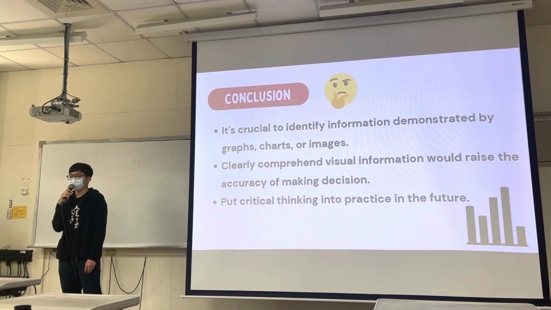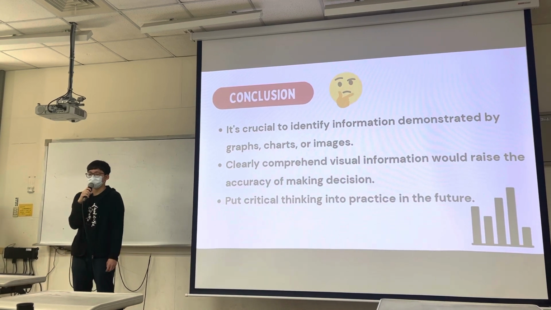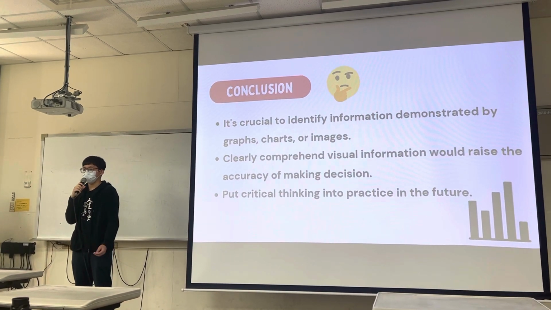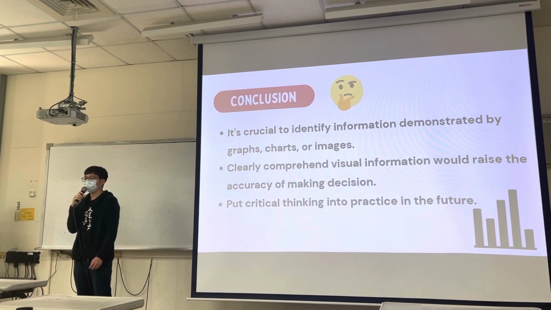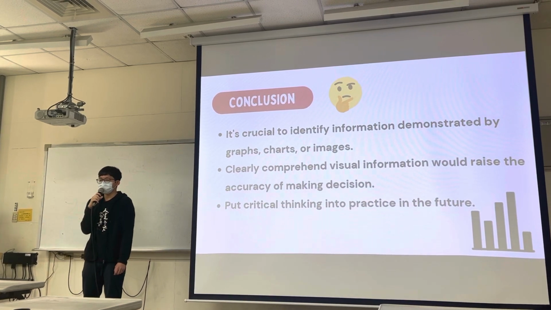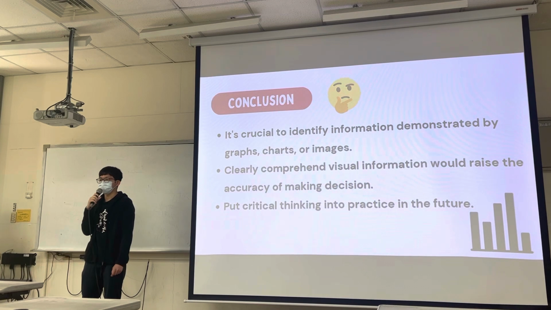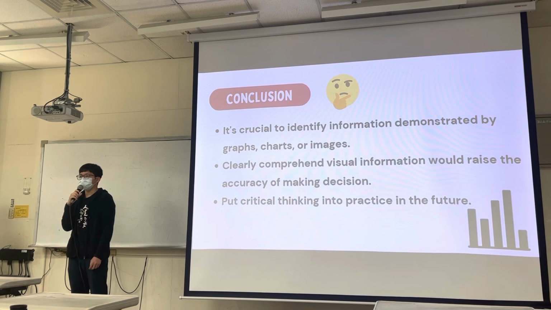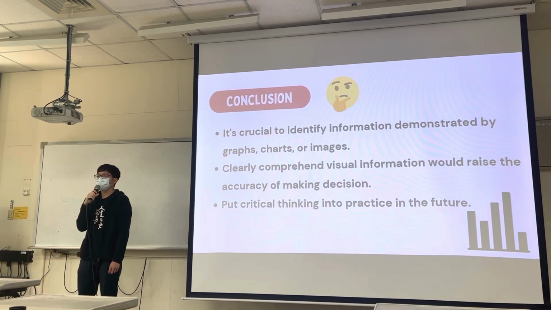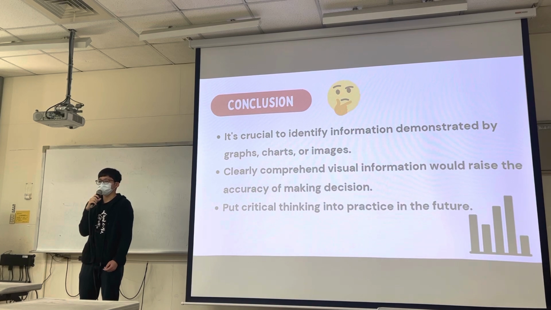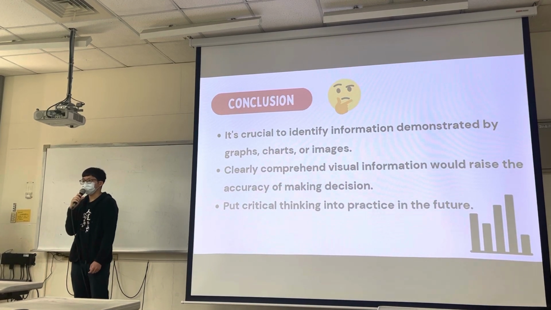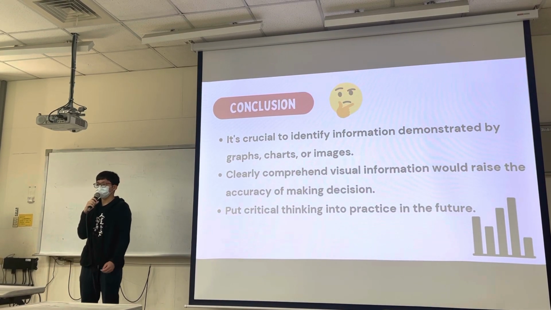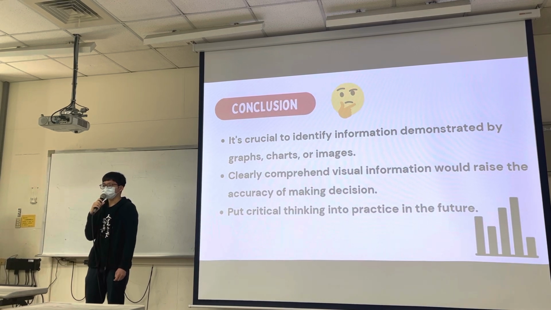For example, if we use automatic thinking when we see images, we would instinctively avoid overloading our cognition system with information, so we would use our intuition and our experiences to understand what images tell. So we would jump to conclusions in a very short time.